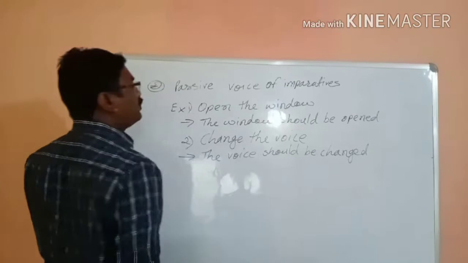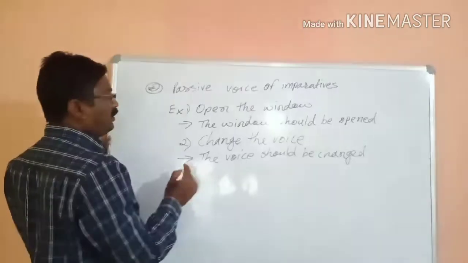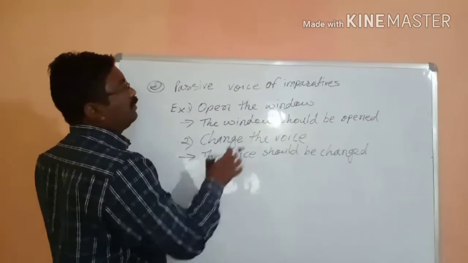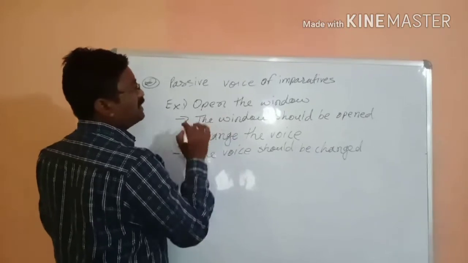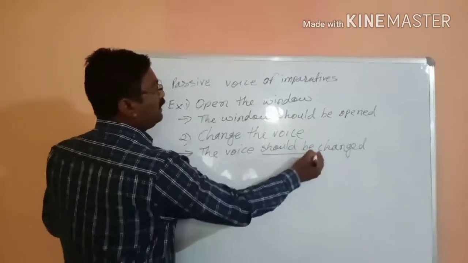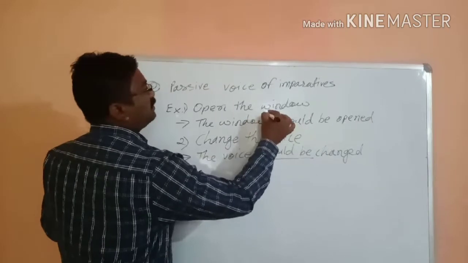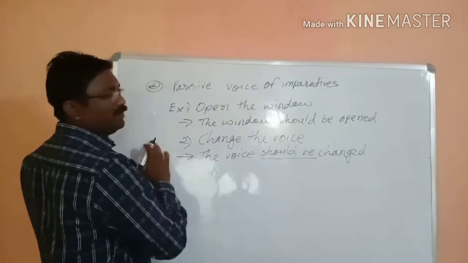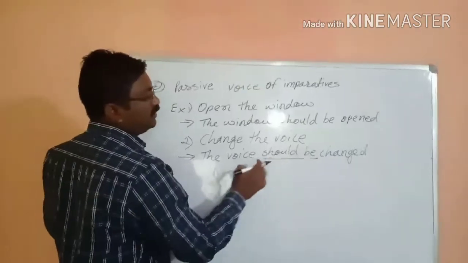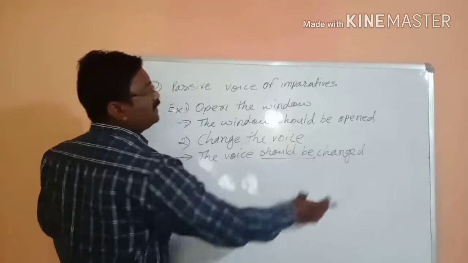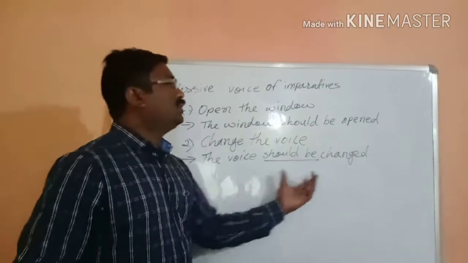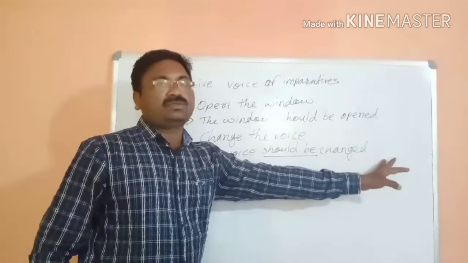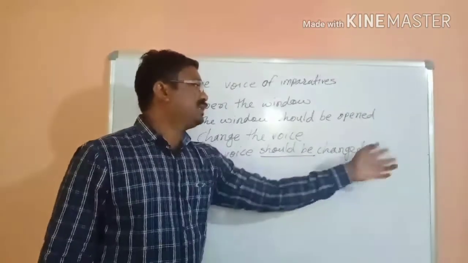The voice should be changed. So in imperatives, whatever the object is, it will become the subject, and you have to use should be, and then V3. No use of by.